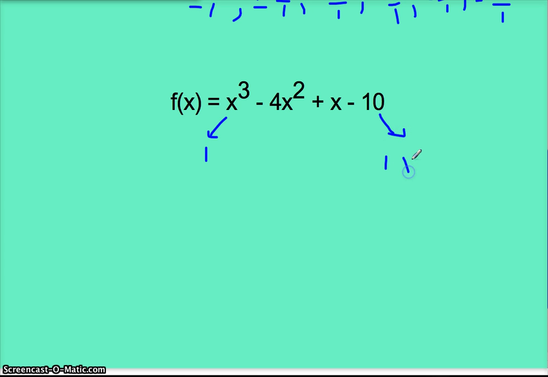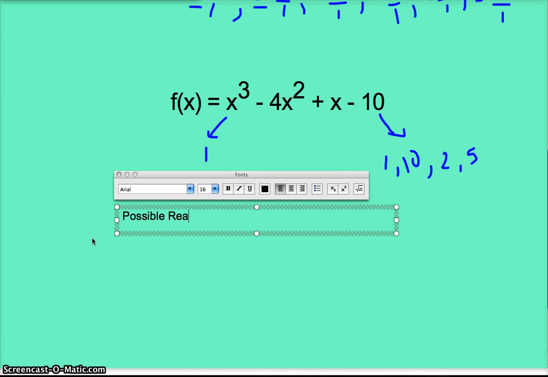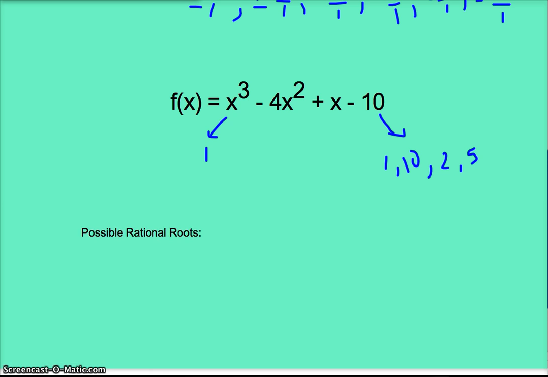Factors of 10: 1, 10, 2, 5, which means that we have possible rational roots of, same process, plus or minus 1 over 1, plus or minus 2 over 1, plus or minus 5 over 1, and finally plus or minus 10 over 1. Hopefully you arrived at this answer.